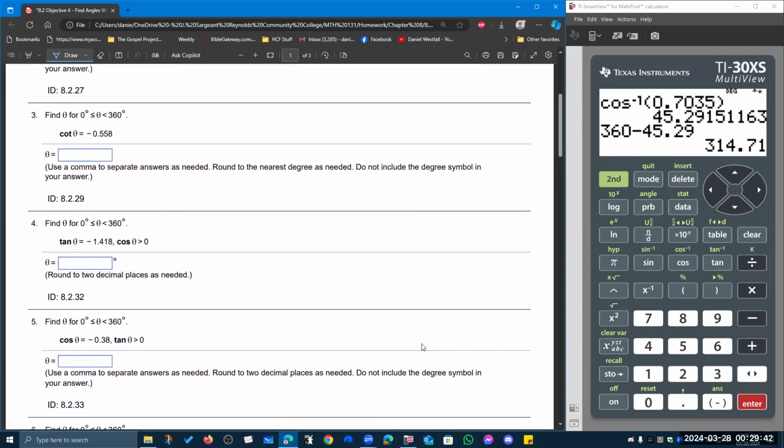Question 3. Cotangent is negative, so we're in quadrants 2 or 4. This means tangent is equal to negative 1 over 0.558.